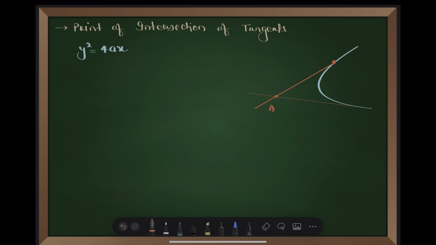Now look at this. Suppose it is point P, this is point A, and this is point B. Okay, first I'll tell you how to imagine a point on the parabola. You know that it's a parametric thing, so we will imagine it in parametric form.